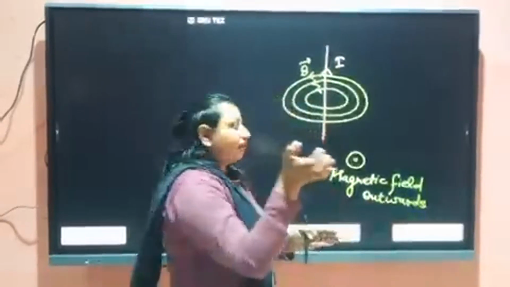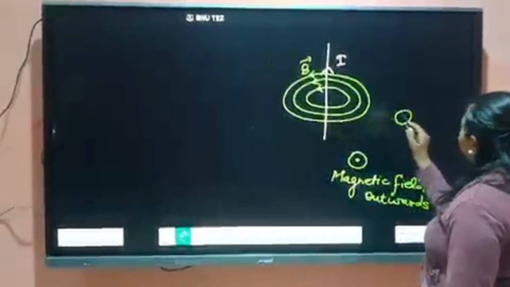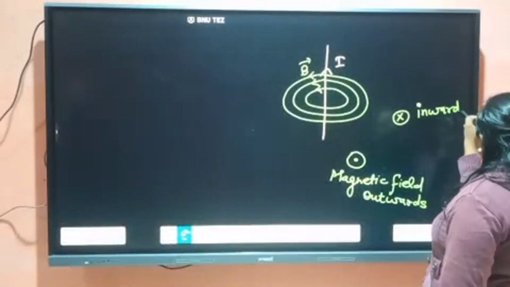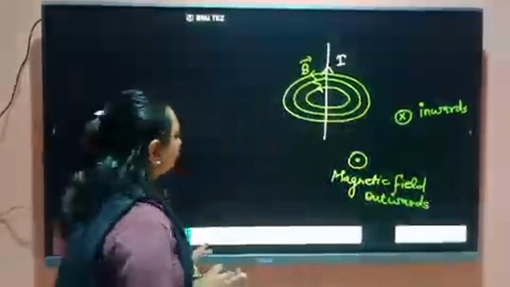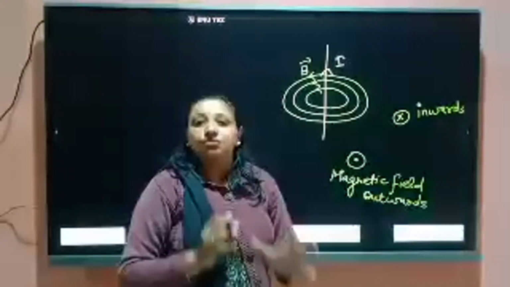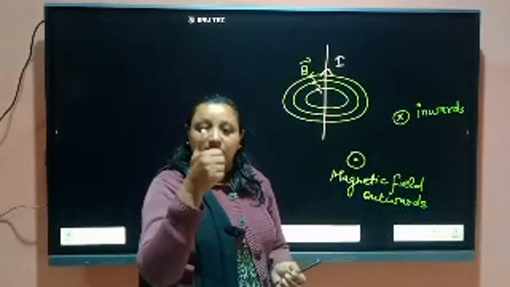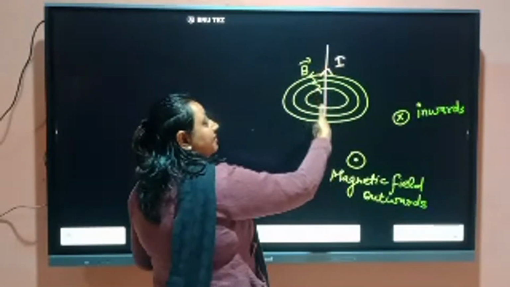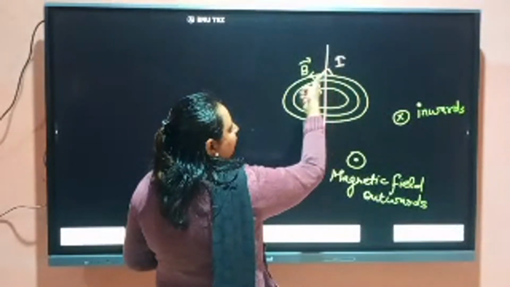If the magnetic field goes into the screen, it is represented by a cross. ठीक है, so it shows the direction of magnetic field inwards, यानी कि into the screen or into the page, right? So this is how we can draw the magnetic field across a straight current carrying conductor, and the direction of the magnetic field is determined by the right hand thumb rule. The thumb points in the direction of current and the fingers in the direction of the magnetic field.